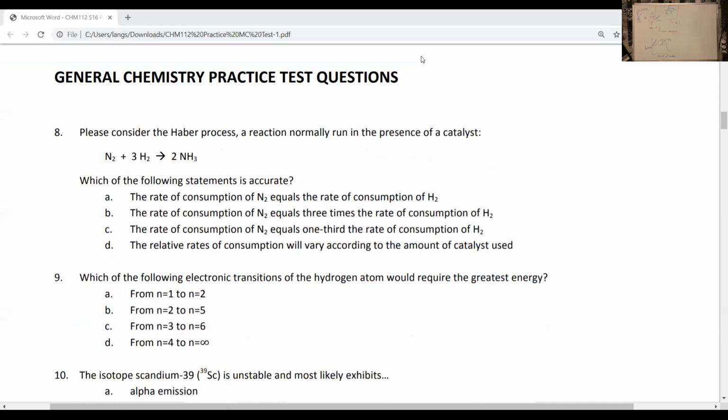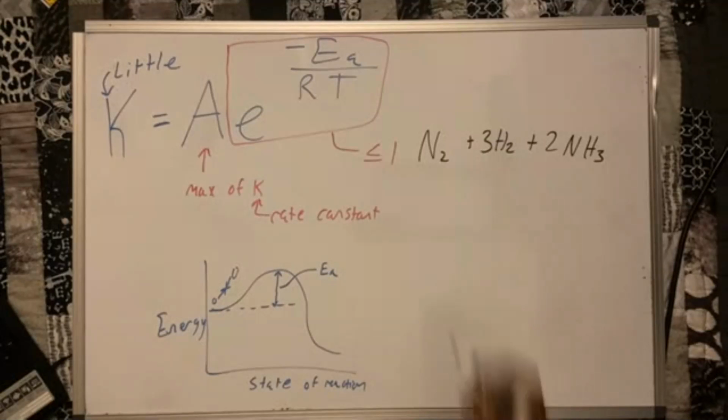So for this one, if we had N2H3 → 3H2 + 2NH3. It's asking about the rate.